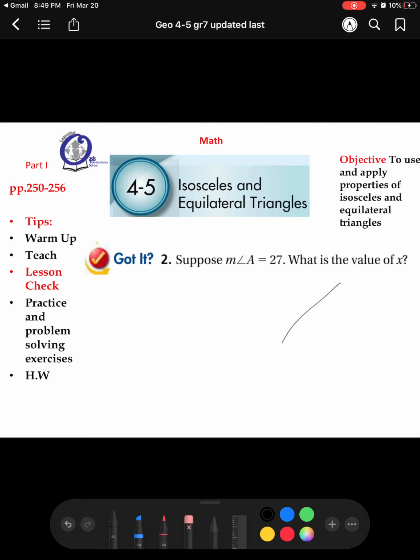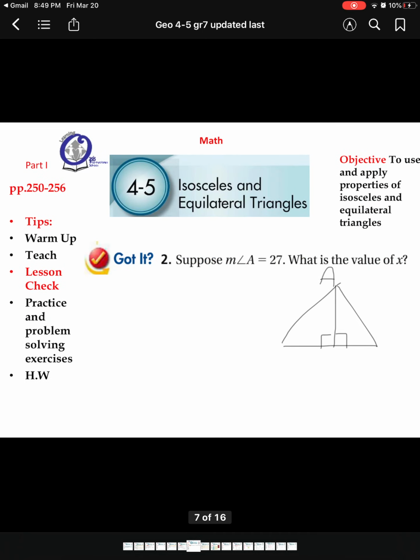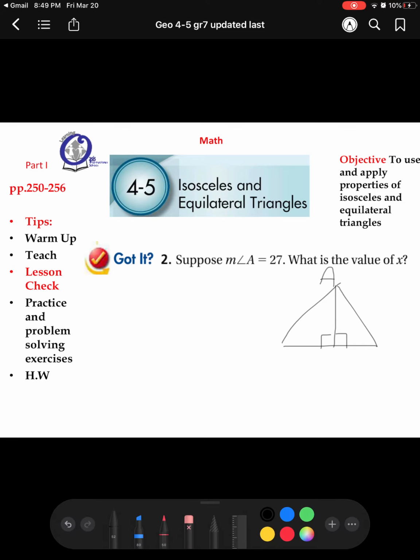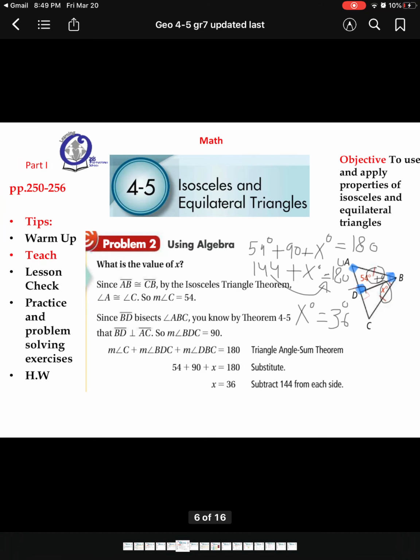Okay, here are the triangles, and this is the bisector. This is 90. This is angle A. Let me just go back. B, A, and D, C.